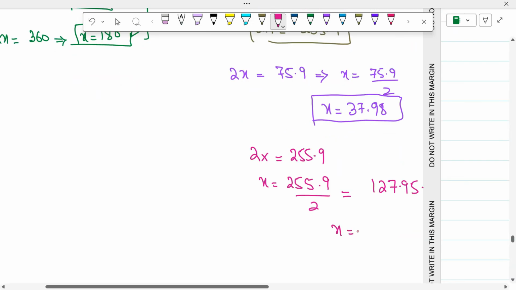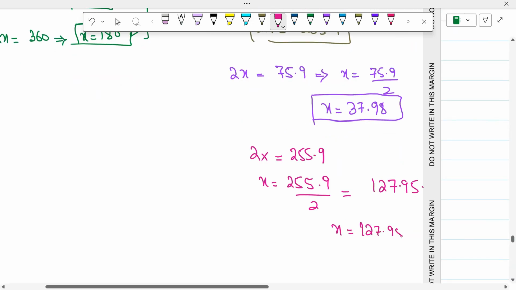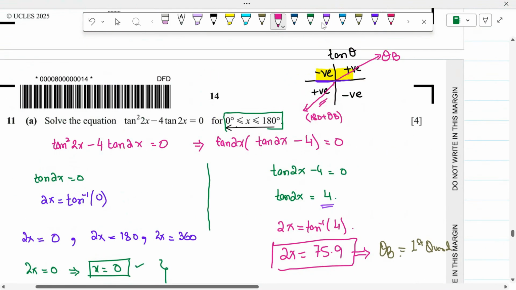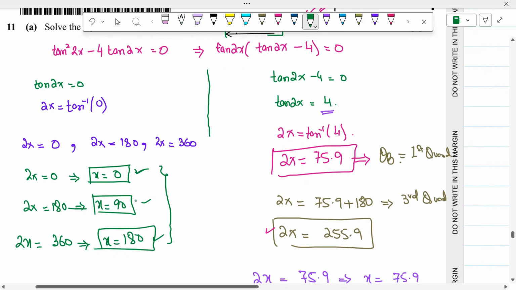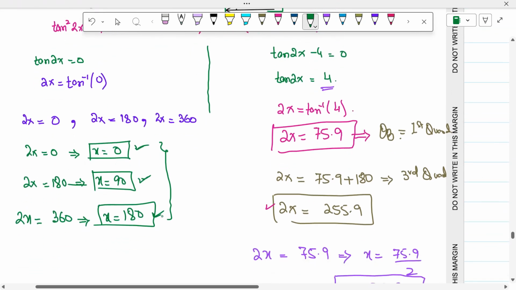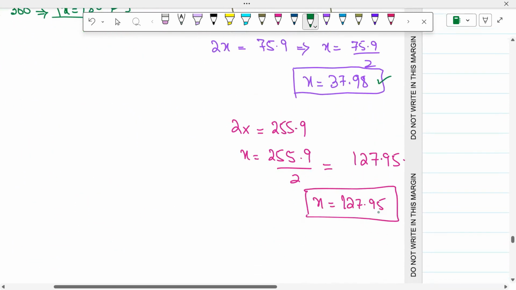So we have x equal to 127.95. You can see that these values of x also lie in the first and second quadrants.